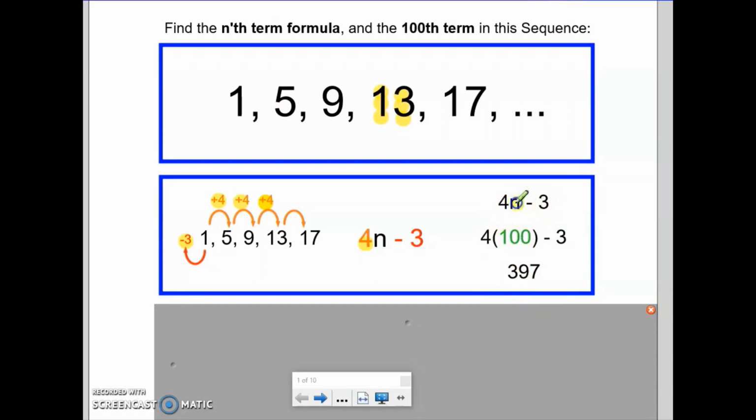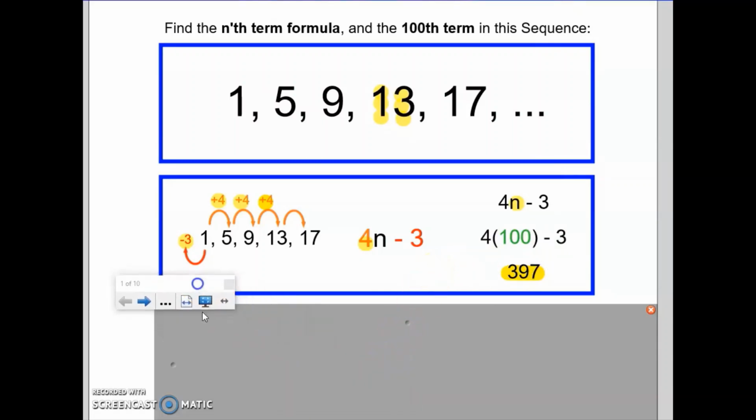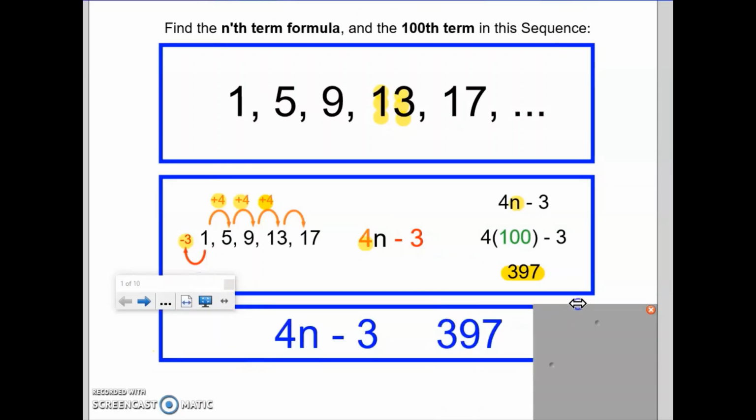So I replace the n with the term I'm trying to find, which in this question is 100. 4 times 100 is 400. Take away the 3 tells me that my 100th term would be 397.